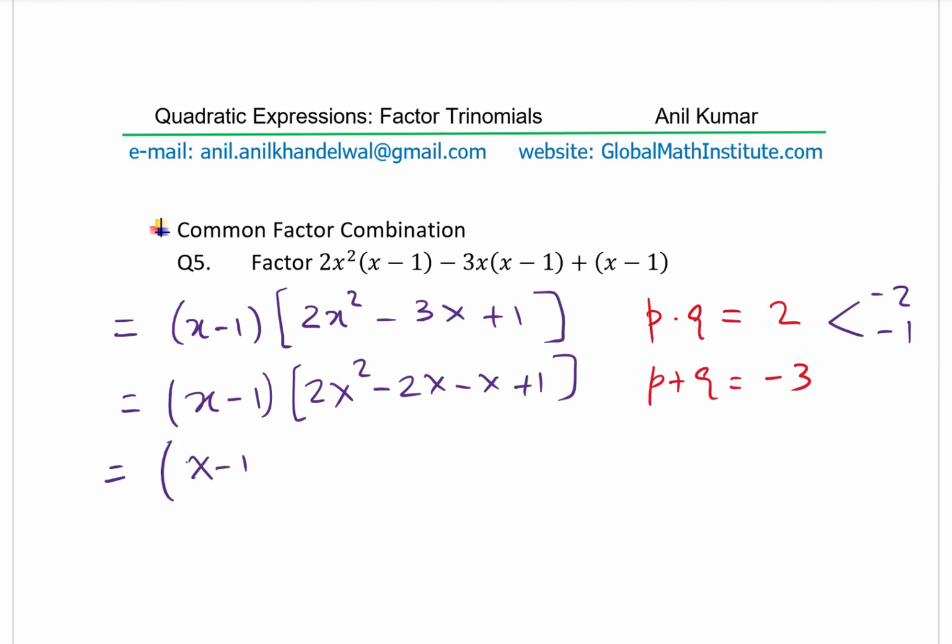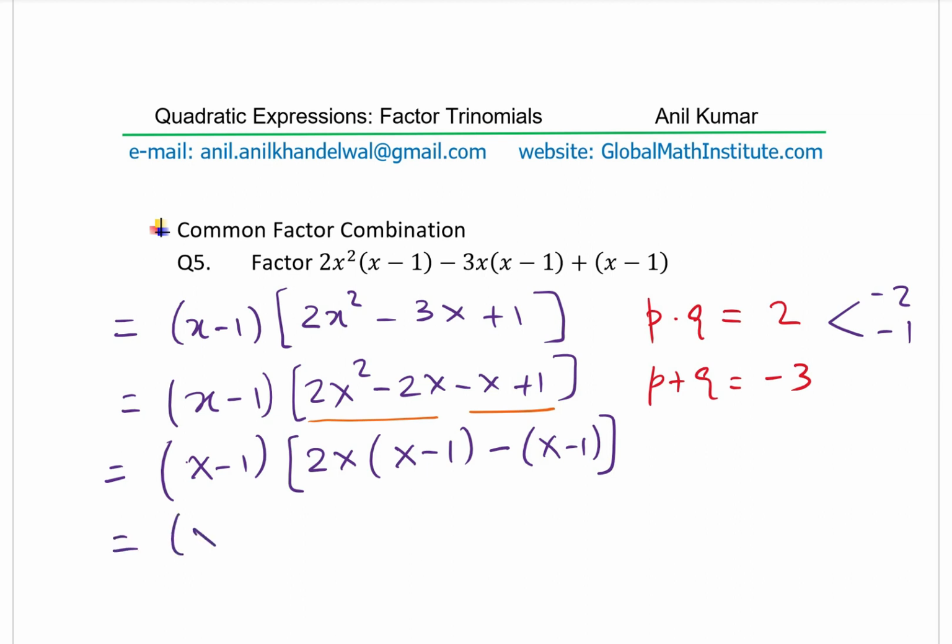Let us take the common factor between the terms and complete the factoring process. So in 2x squared minus 2x, 2x is common. We are left with x minus 1. Taking minus common gives you x minus 1. Sometimes you may get stuck here, thinking as if now what to do. If you take minus common, you get x minus 1. Do you see that?